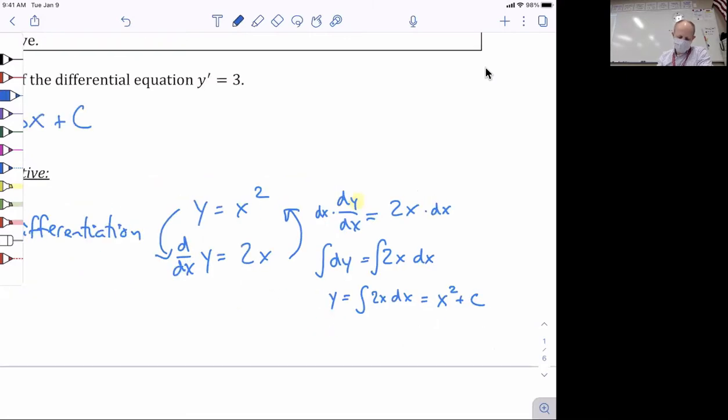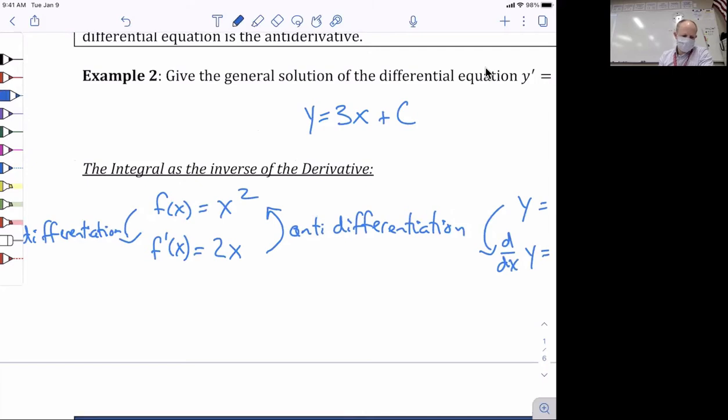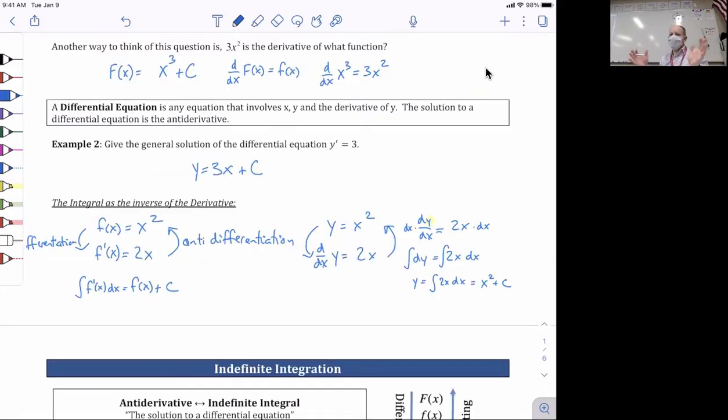So if we think about our function notation, that's where we get the integral of f prime at x dx would just be f at x plus c. All right, so this idea of finding the antiderivative, it's helpful to use that word because we know what the derivative is. But really what this is called is indefinite integration.